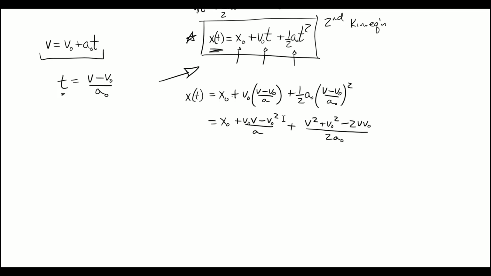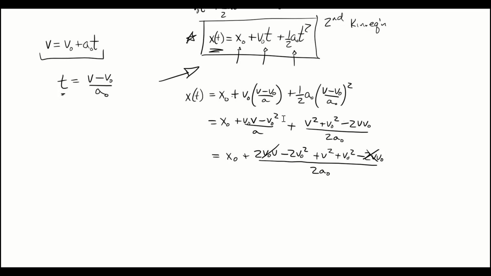We can multiply this to get the common denominator, and that'll give us 2v naught v minus 2v naught squared plus v squared plus v naught squared minus 2v v naught, all of that divided by 2a naught.